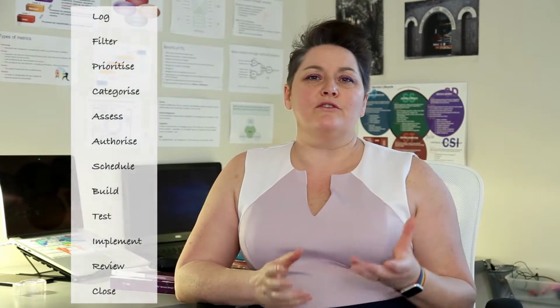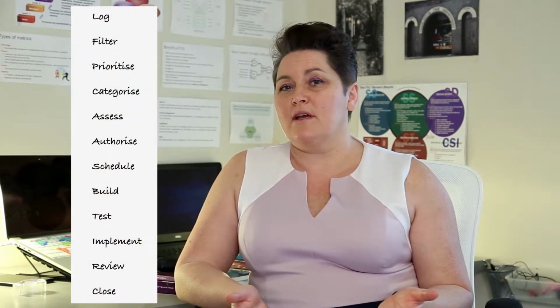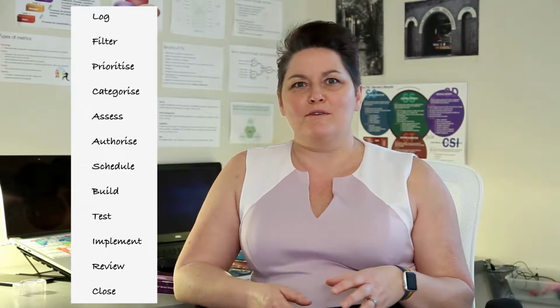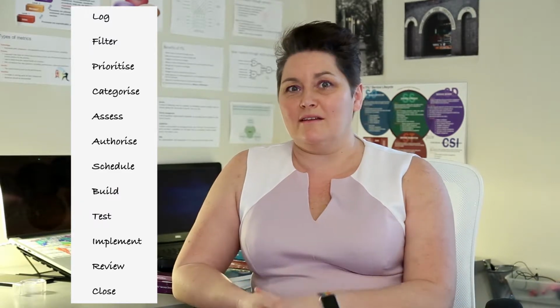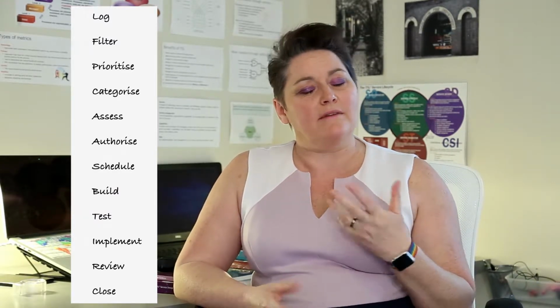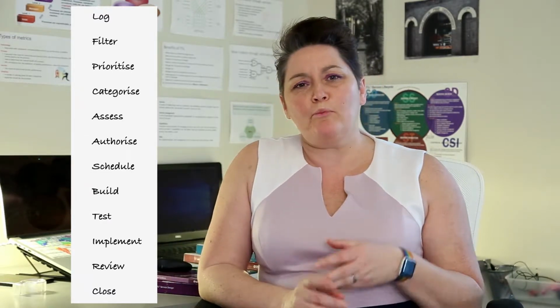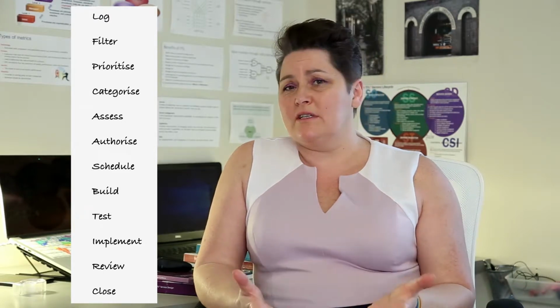So on the screen in front of you now, you have an example of a change management process. Actually, this example has been around for quite some time. It's the example that we used to use in version 2 of ITIL in those books. And you'll see these steps: we log the change, we filter it, we prioritize it.